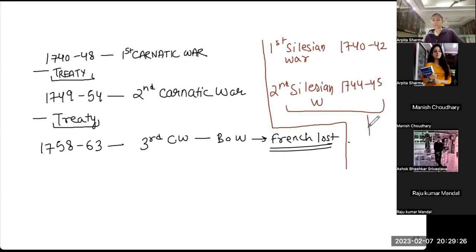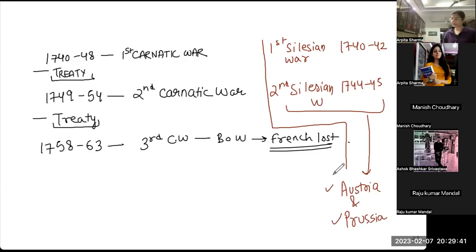And these two wars were centered around Austria and Prussia. ये जो दो wars थे, ये ऑस्ट्रिया और प्रूशिया के अराउंड सेंटर्ड थे, because obviously inheritance and invasion related wars were happening. Okay, point clear?